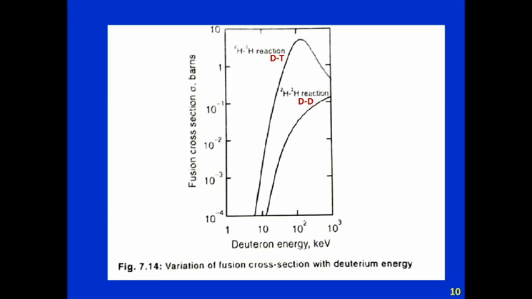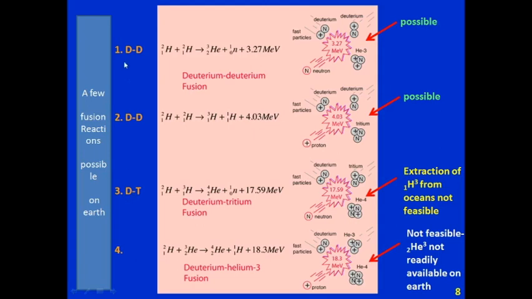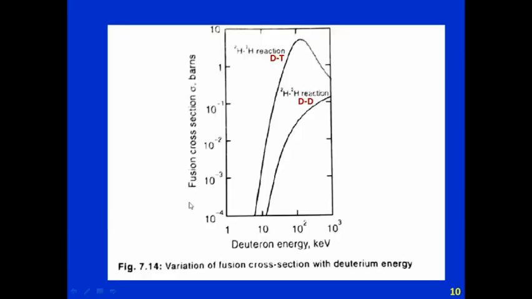You have 2 types of reactions, DD and DT. DD means deuterium-deuterium, and DT means deuterium-tritium. This curve is the fusion cross-section, or the reaction probability, versus neutron energy. Both the DT and DD reactions use deuterium. On the x-axis you have the neutron or deuterium energy, and on the y-axis you have the probability of the reaction.